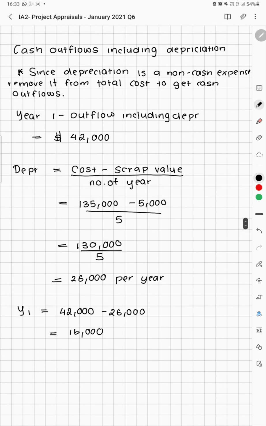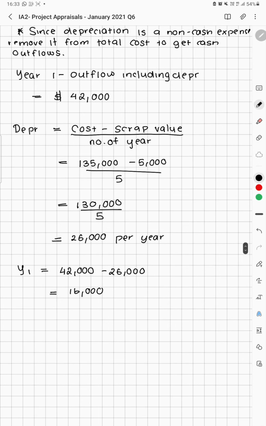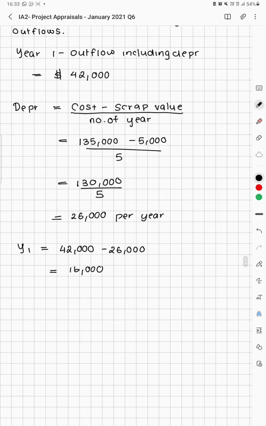Year 2 and 3, the extra cost excluding depreciation will be 5% higher each year than year 1. So it will be 5% higher each year, which means year 3 the cost excluding depreciation will be 5% higher than year 2, and year 2's cost will be 5% higher than year 1.